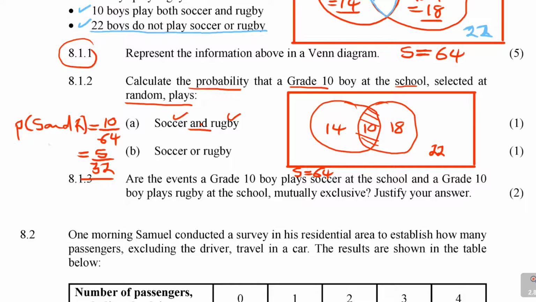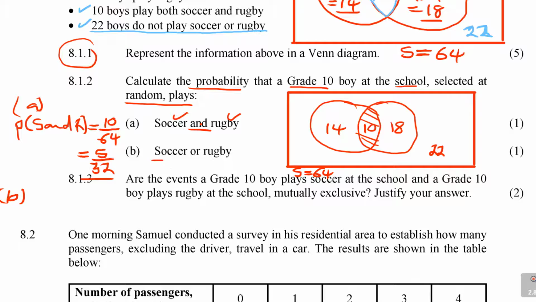Then the second one, that is B. Calculate the probability that a grade 10 boy at the school selected at random plays soccer or rugby. Look at this now.